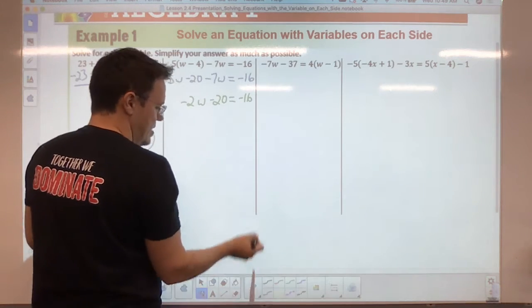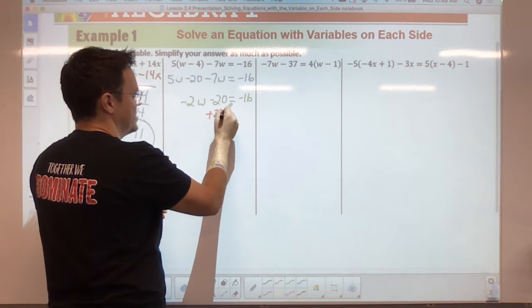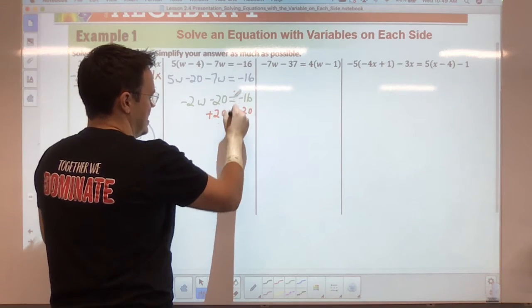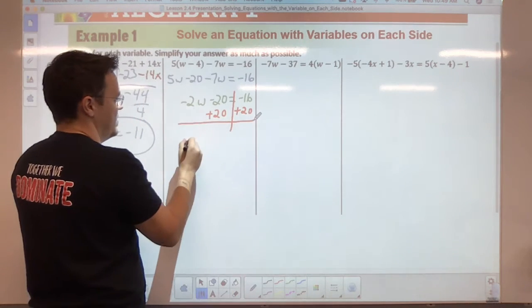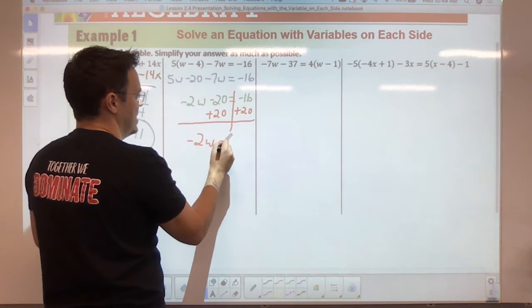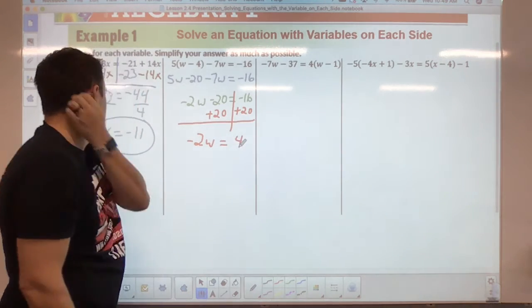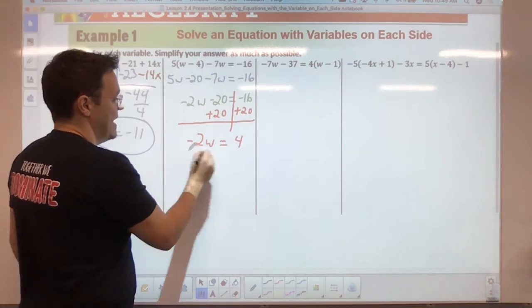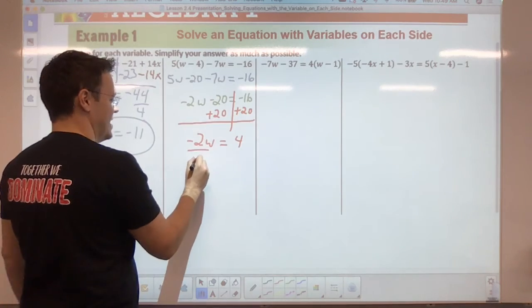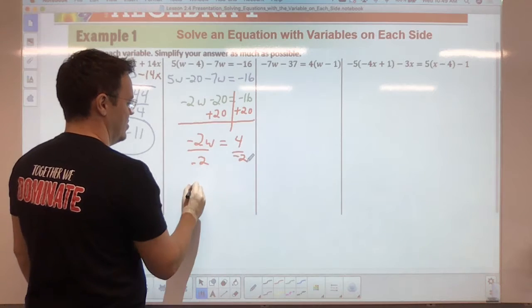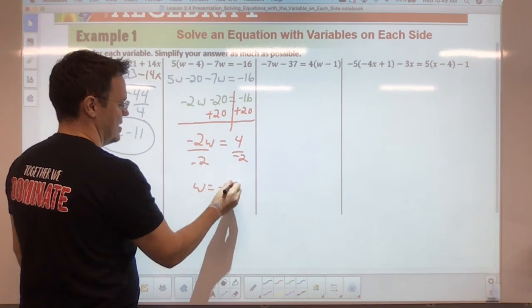That's a negative 20. So you would add 20 to both sides, sorry, getting ahead of myself. So that would be negative 2w equals 4, because you're adding and subtracting them. Now you divide by negative 2, so w ends up being negative 2.